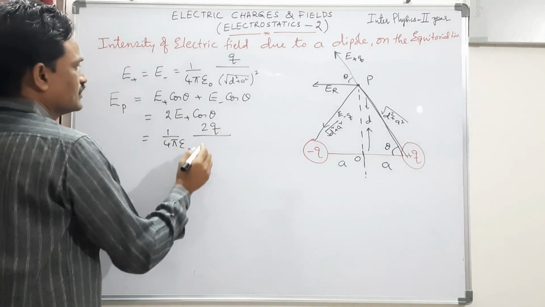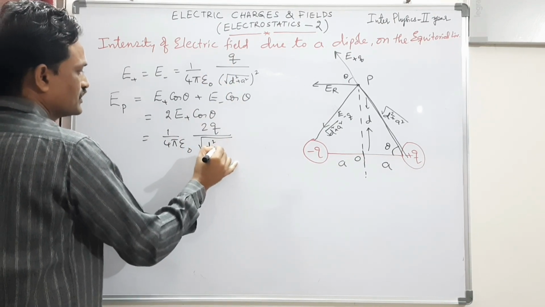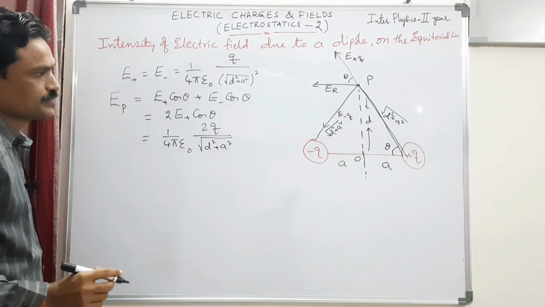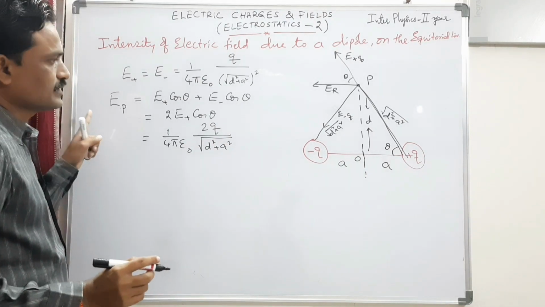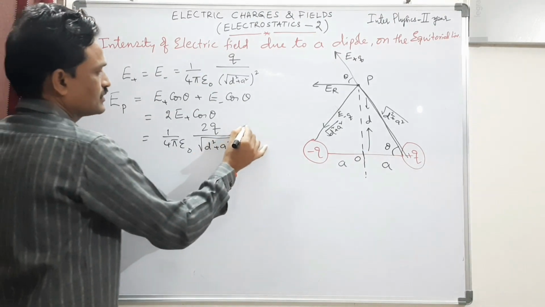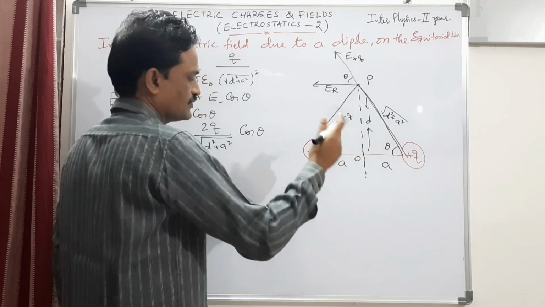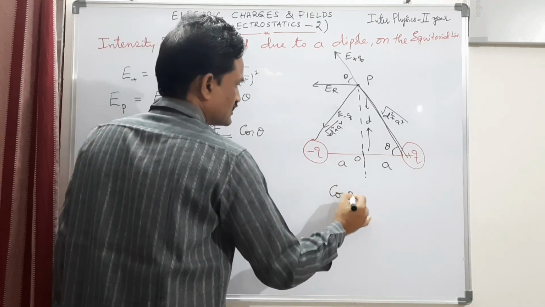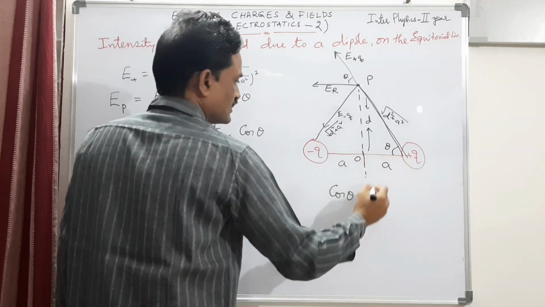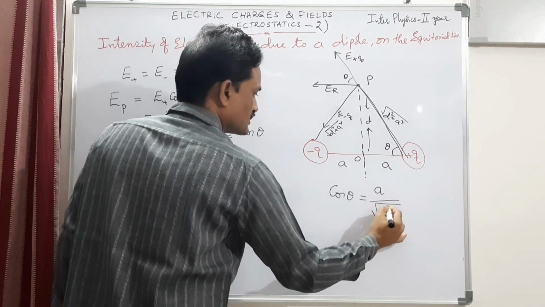by under root d square plus a square. So this is the expression for the intensity of electric field at the point P into cos theta. How to find the value of cos theta? By making use of trigonometry, I can write cos theta is equal to adjacent side, that is a, by hypotenuse, that is under root a square plus d square.